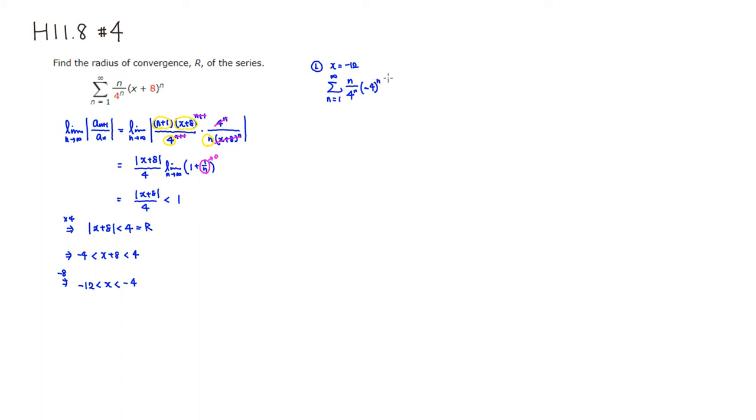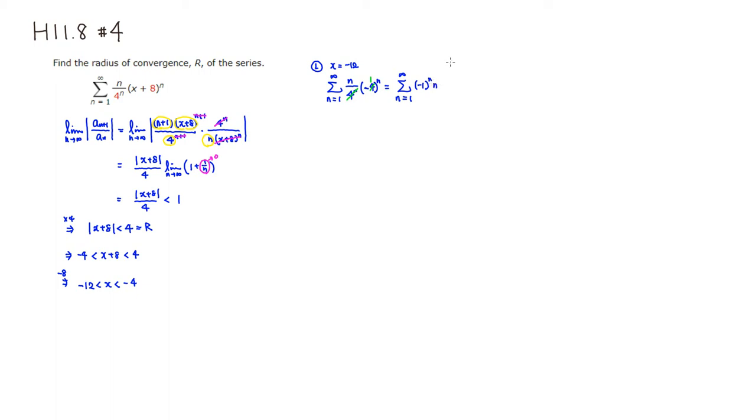We can cancel the 4 to the n, and you're going to have negative 1 to the n. So this becomes just an alternating series, the sum of negative 1 to the n times n.